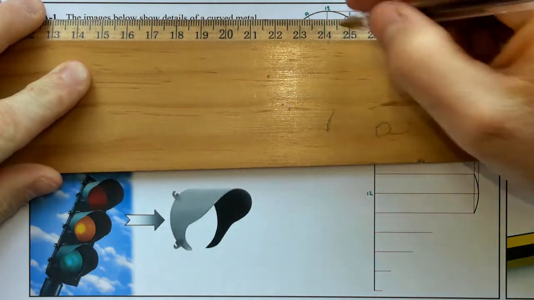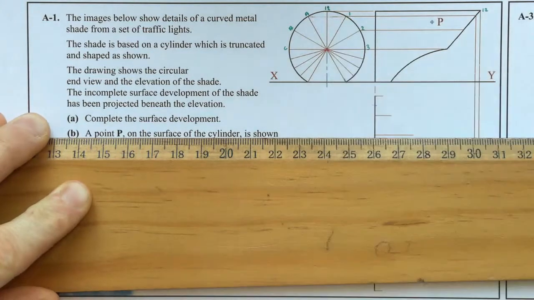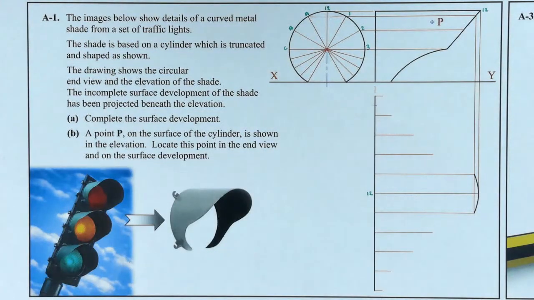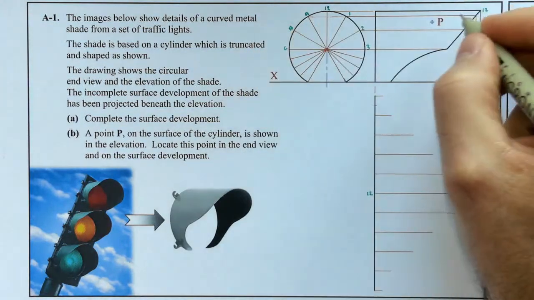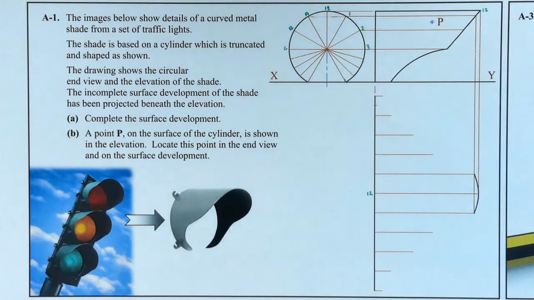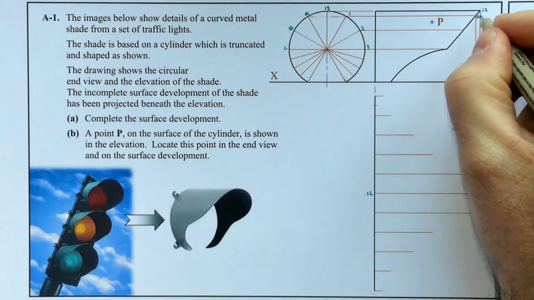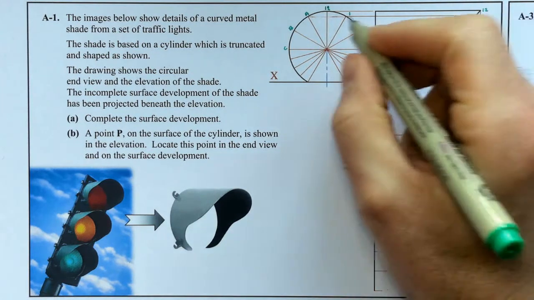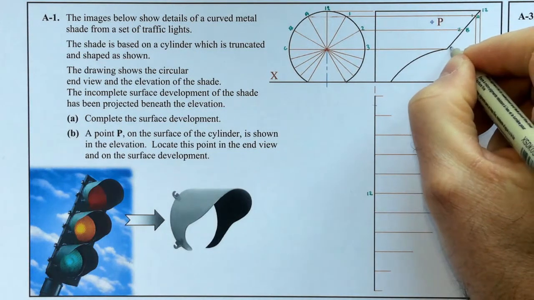If I was to project A across, you see that it would line up with 1. So just in relation to labeling, when I'm looking from this direction, I'd have A on this side. I'll try to keep this as neat as possible. So A would be there, 1 would be on the inside, then I'd have B and 2, then finally C and 3.